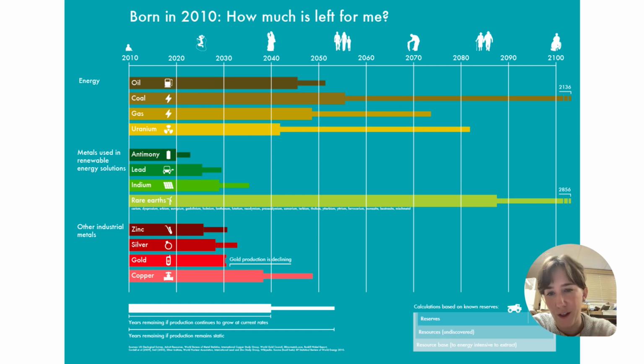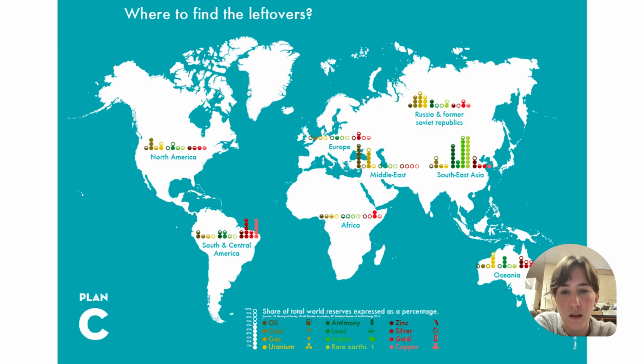So those other things down there are things that we either need for renewable energy for building things like solar panels or for other industrial processes. Like gold is used in a lot of electronics. So finding ways to recycle the materials that we have, finding ways to access things that we haven't been able to is going to be a big area of development.